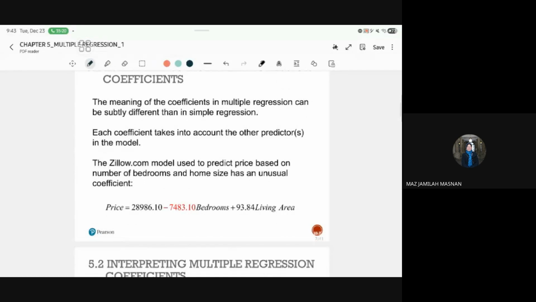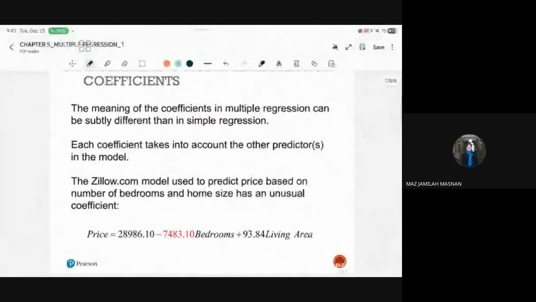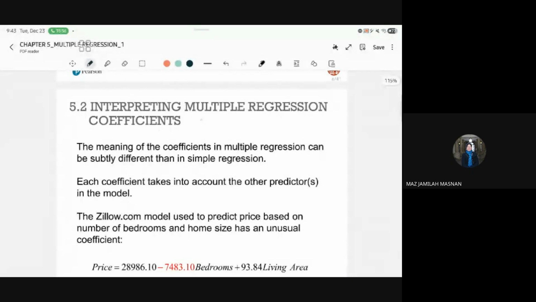Now, the meaning of a coefficient in multiple regression can be subtly different than in simple linear regression. Let me use the previous example, the first model.